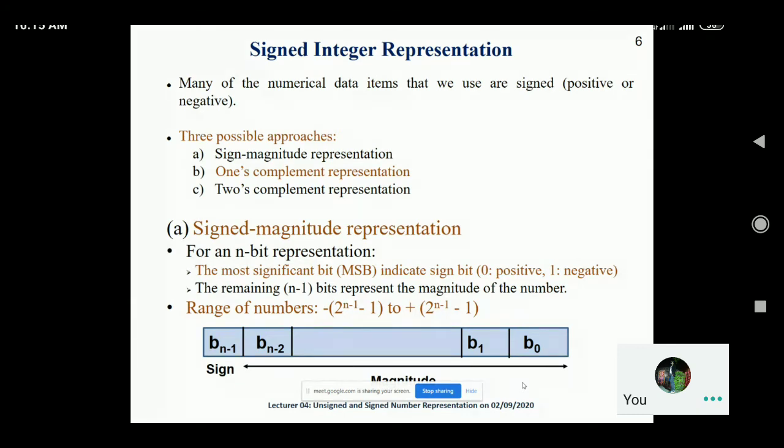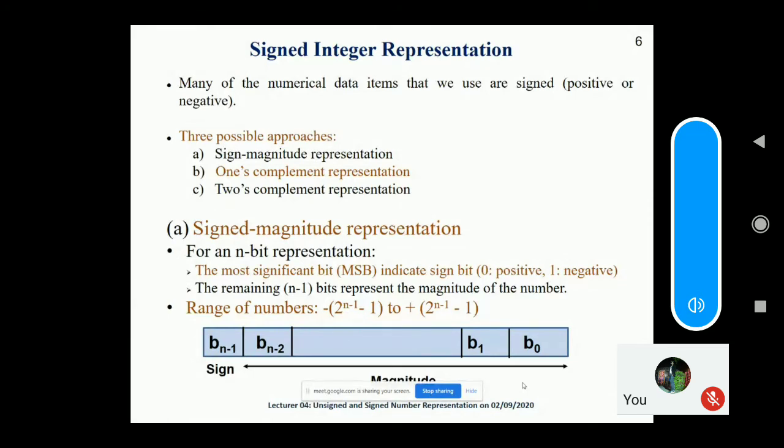Logically it is separate, but placed in one particular place. You can combine b n minus 1 with b n minus 2. The representation is the same. But always remember that in sign magnitude representation, the most significant bit is the sign bit. When it is 1, it is negative, and when it is 0, it is positive.